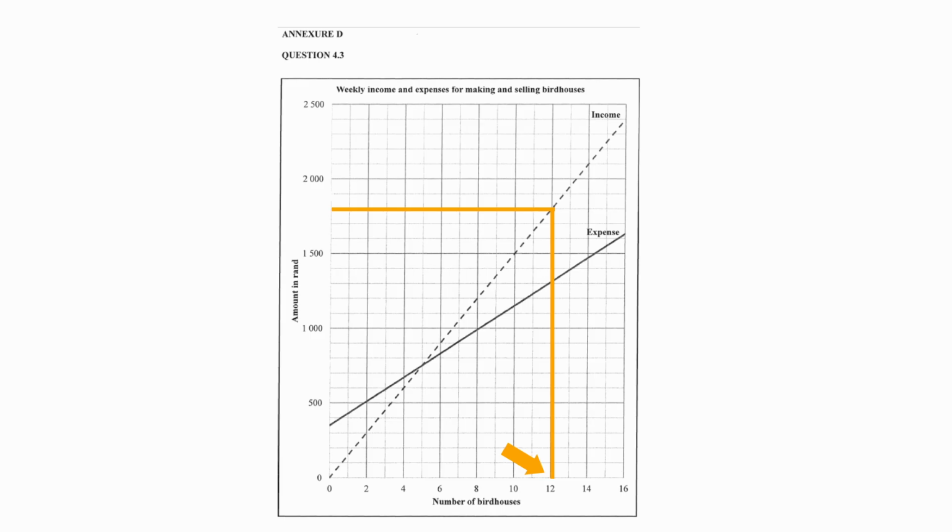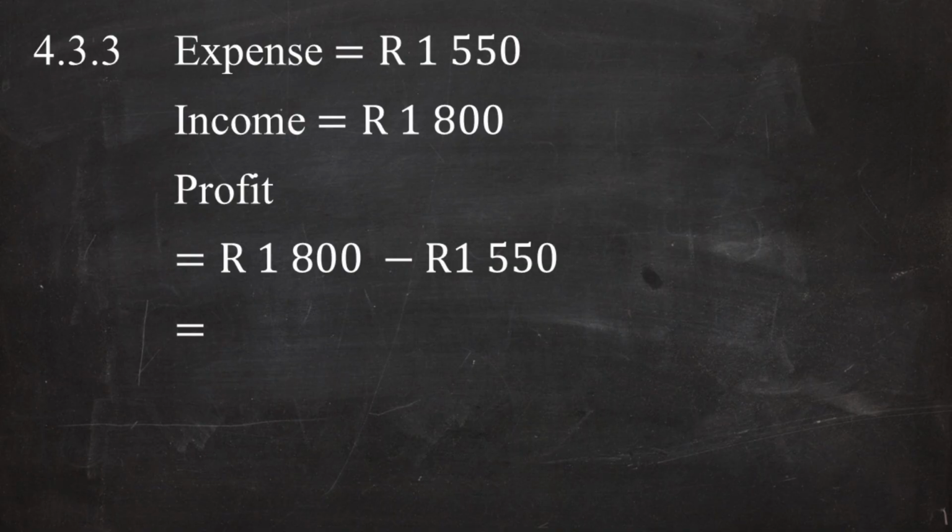Also, selling 12 birdhouses for that week, his income can be read off as being 1,800. So the difference between his income of 1,800 and his expense of 1,550 will be a positive 250 rands. Since this value is a positive amount, it means that he made a profit.